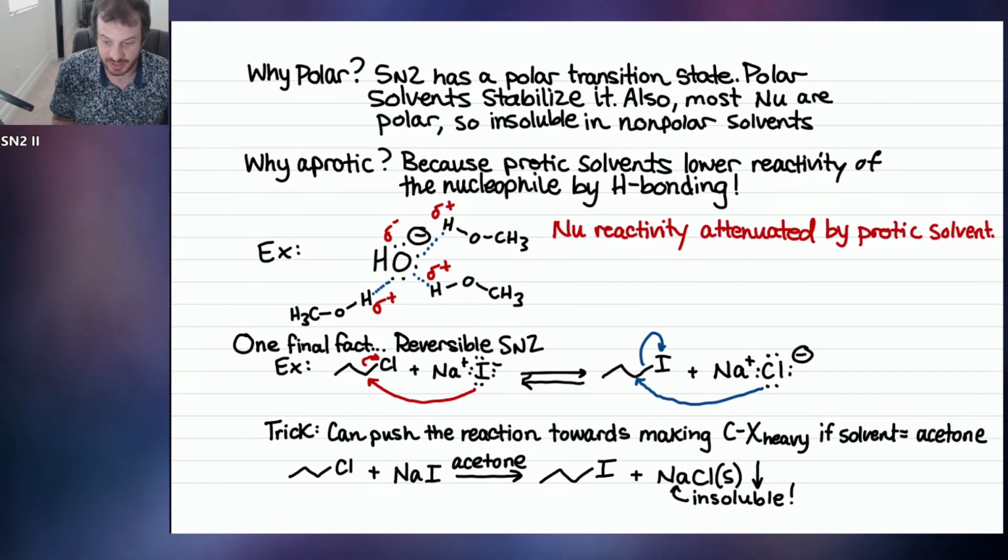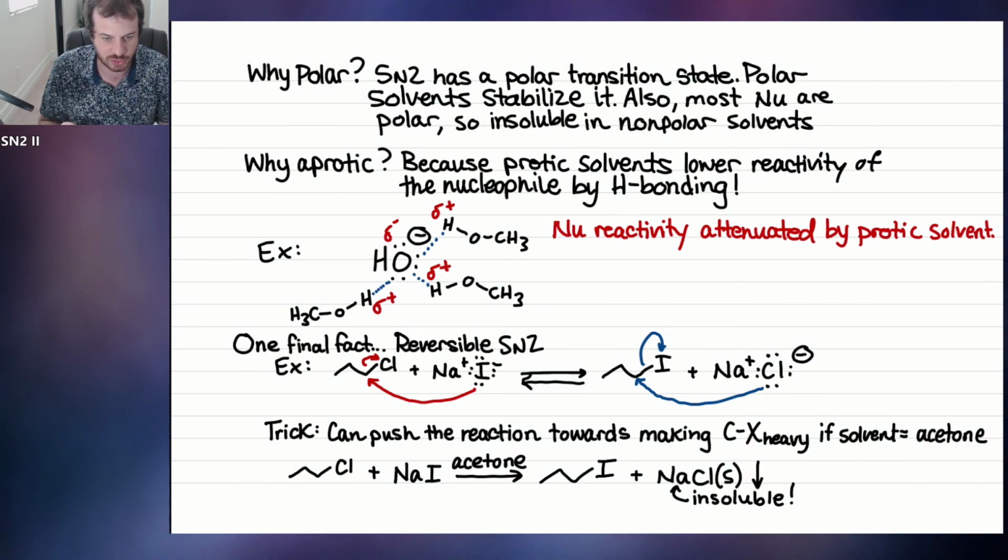And that drives Le Chatelier's principle. So as you start to make the NaCl, it's being removed from the reaction. One of the products is being removed from the reaction by the fact that it's not soluble in the solvent. So it falls to the bottom of the container and is no longer present in the reaction medium. So that actually drives Le Chatelier's principle towards the product.